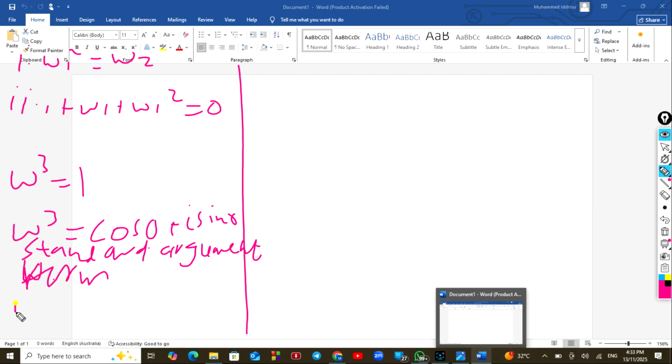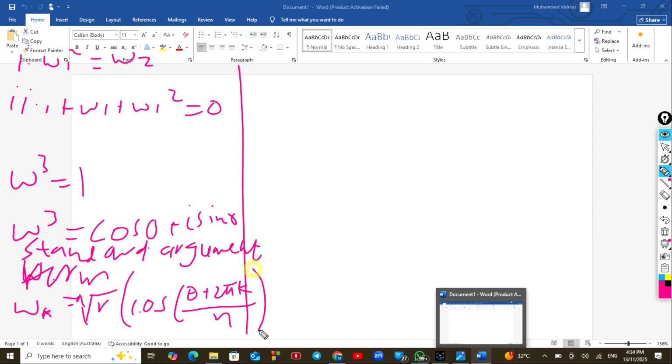In the standard argument form, we say that Wk, where k is the root, is equal to, in general form for all complex numbers, the nth root of r multiplied by cos of (theta plus 2 pi k) over n plus i sin of (theta plus 2 pi k) over n.